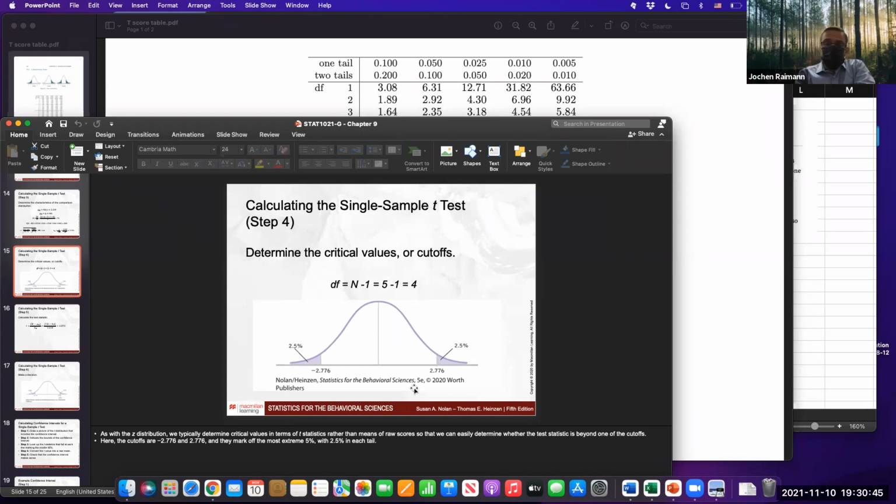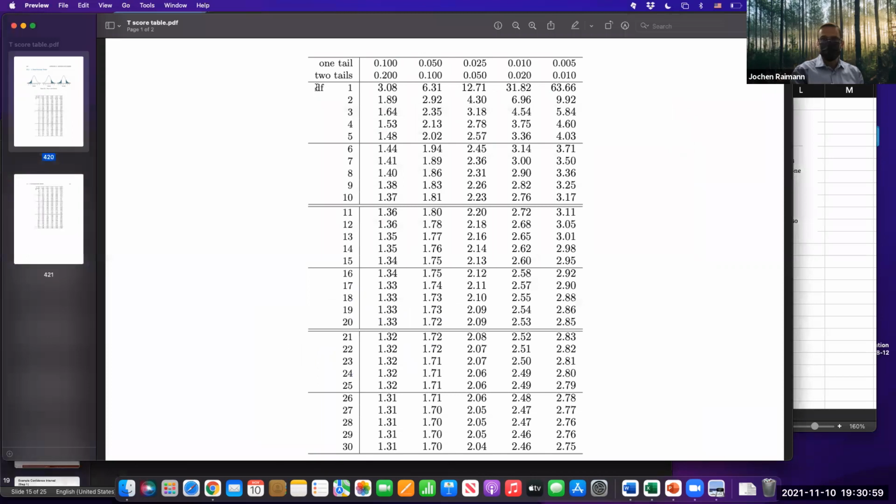Yeah. So the 5 minus 1 is 4. That is the degrees of freedom. That would be the number that's on the chart. Exactly. This df is the same df here. So you go df 1, 2, 3, 4, 5.